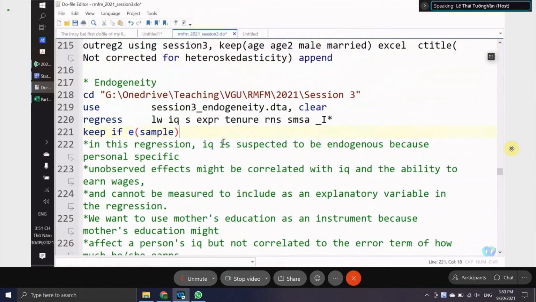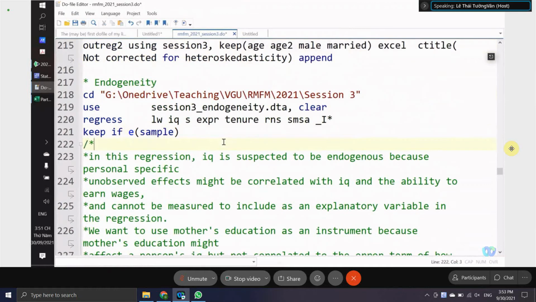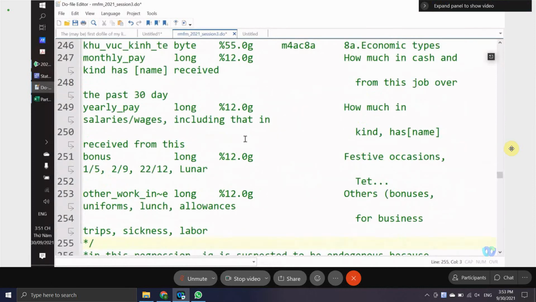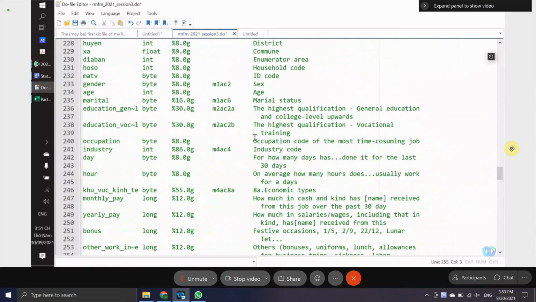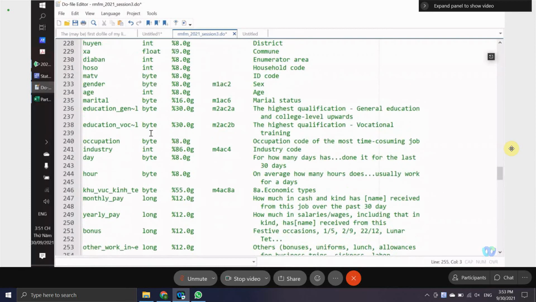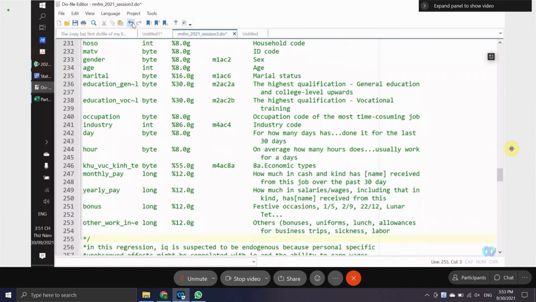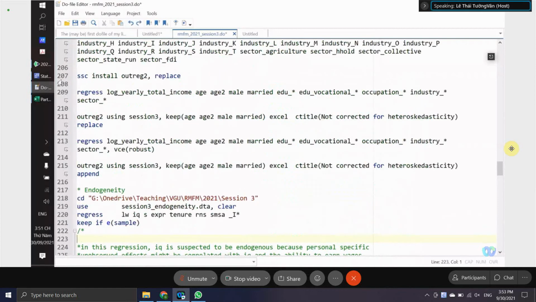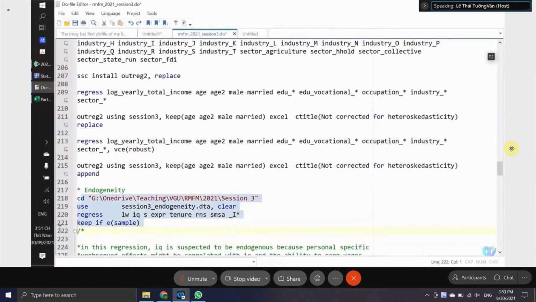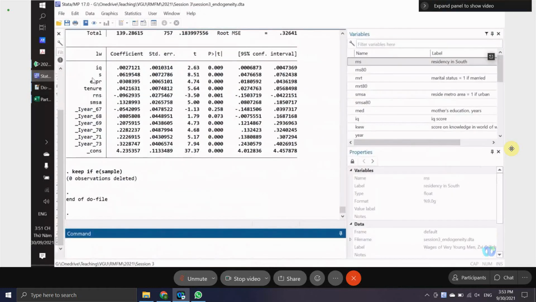So in this case, you would have the meaning of the variables. Uh-oh, this is not yet. I'm sorry. Now, let's say I have to load the data in. Endogeneity.